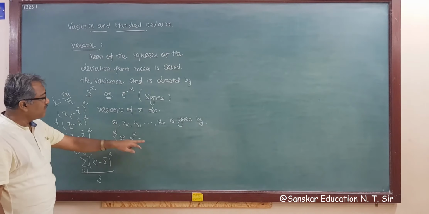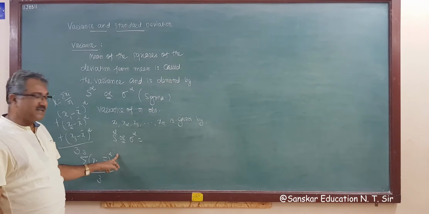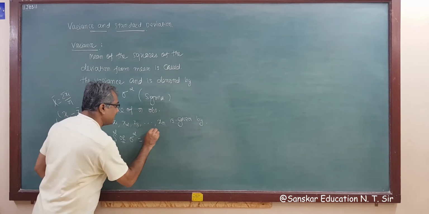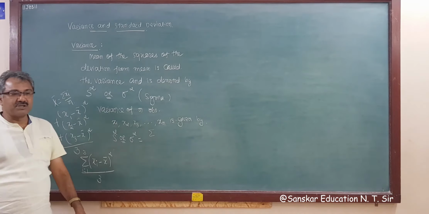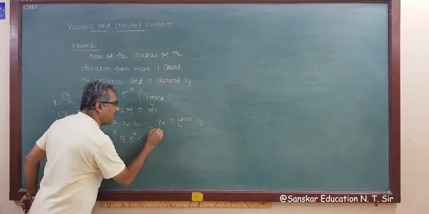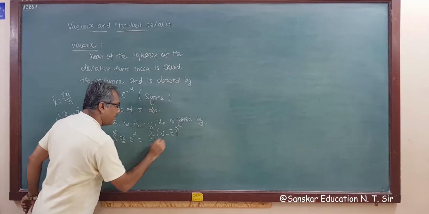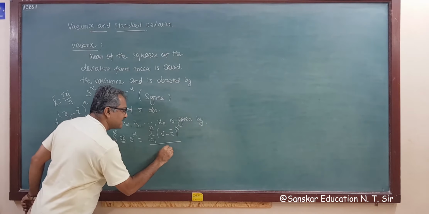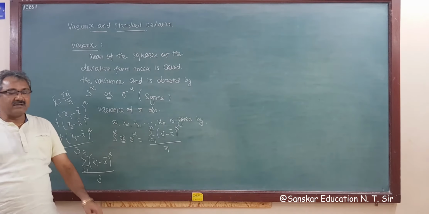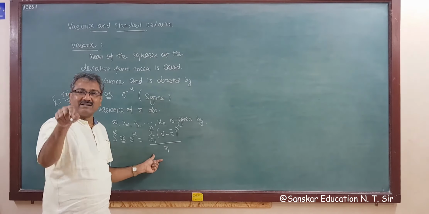So for n observations, what is the formula? It is sigma, i running from 1 to n, of xi minus x bar whole square upon the total number of observations, that is n. This is the standard formula for variance.